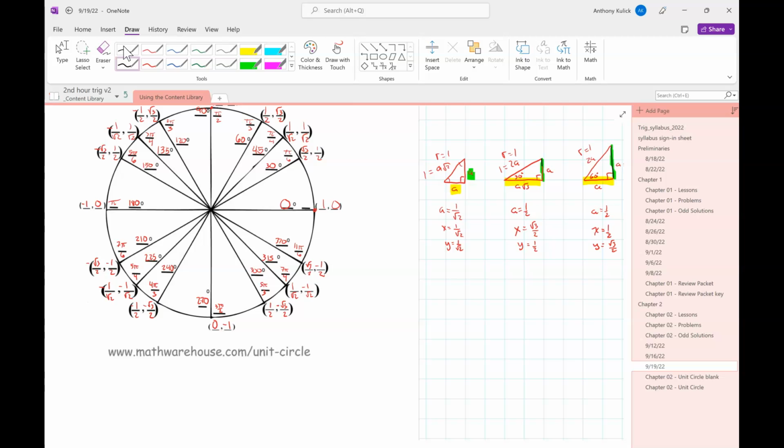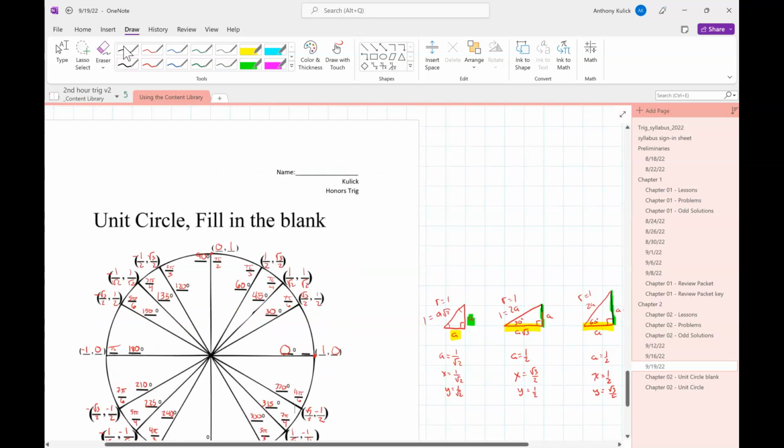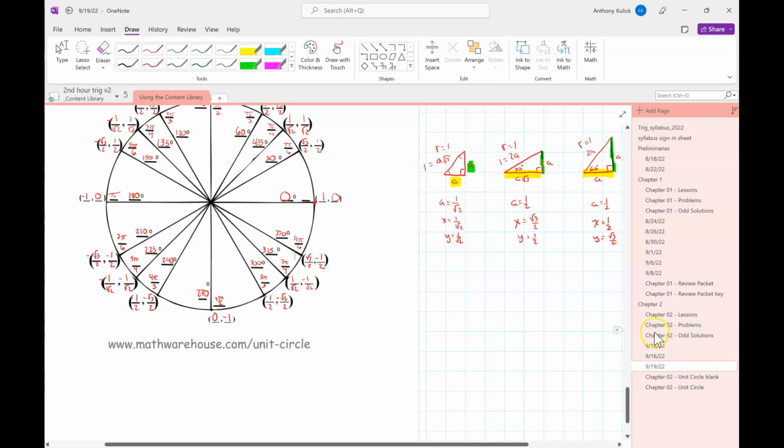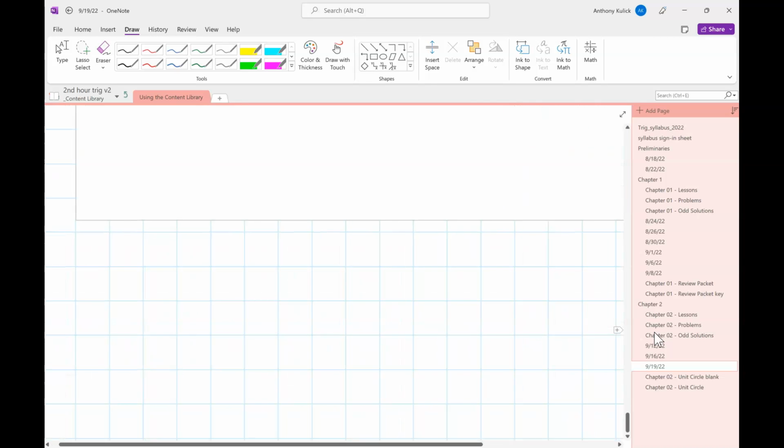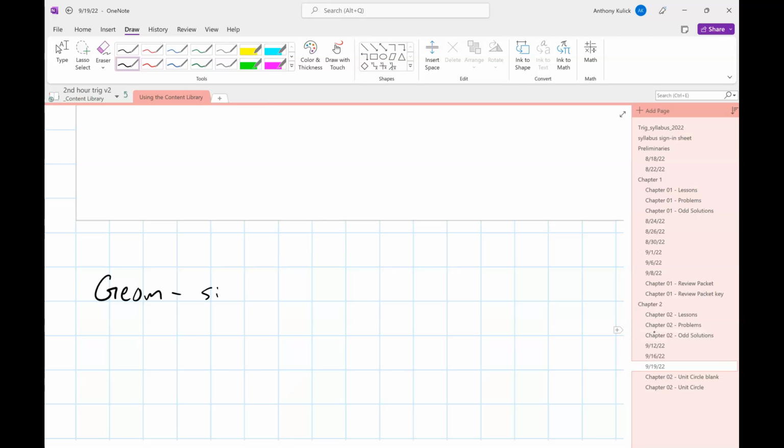Let's do an example. So before we do that, I want to point out to you what has just happened. What have we just done? So in geometry, we had sine, cosine, tangent, etc. defined for acute angles in a right triangle, right?